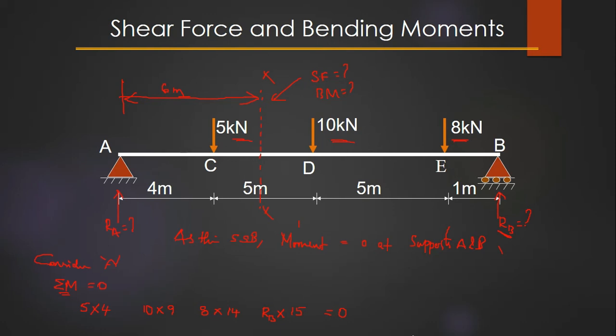So what we need to do is give the negative symbol over here, and similarly to this and to this, and a positive symbol to this because it is acting upwards. So even though it is anti-clockwise, this RB is trying to bend the beam upwards. If this is the beam, and a moment is trying to bend it upwards, it is going to get this smiling shape, isn't it? So positive.